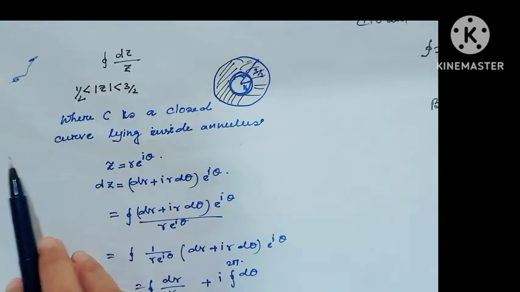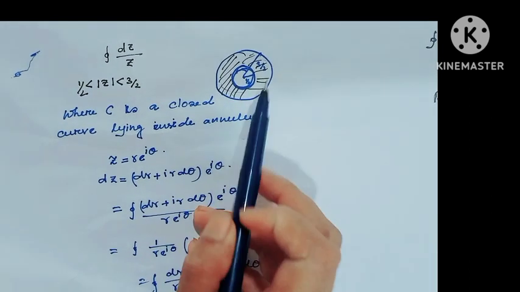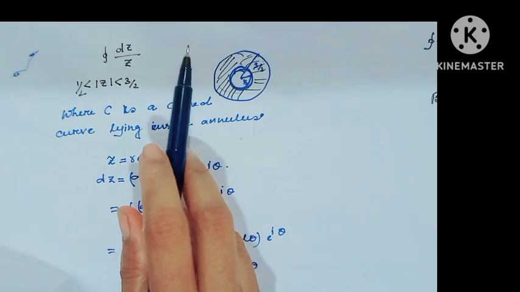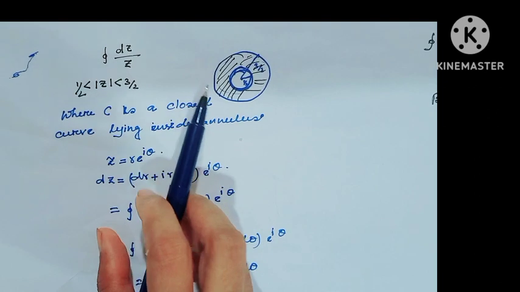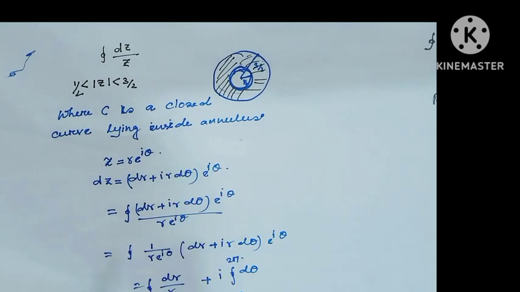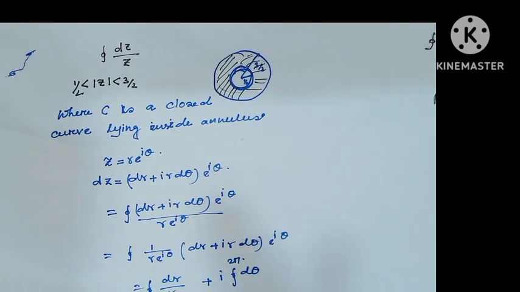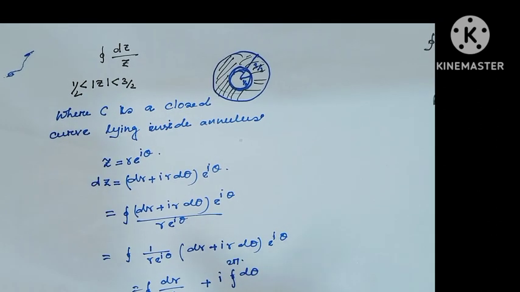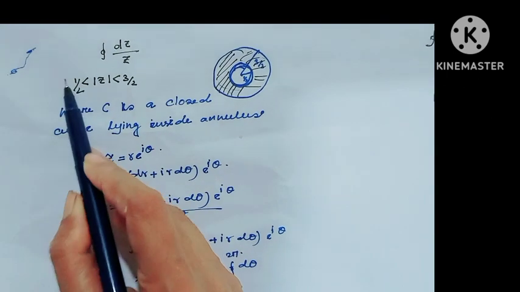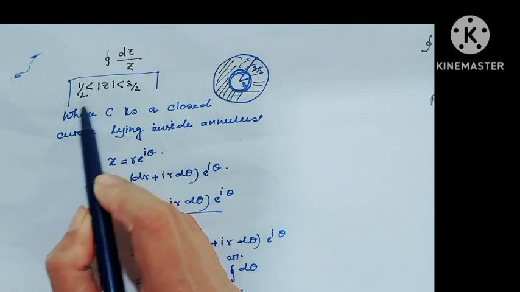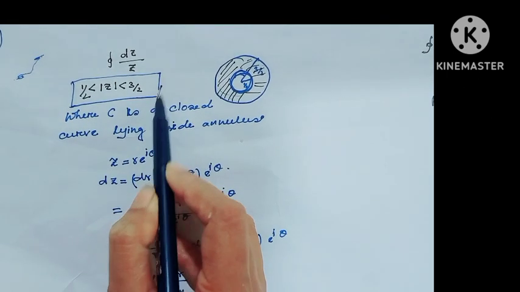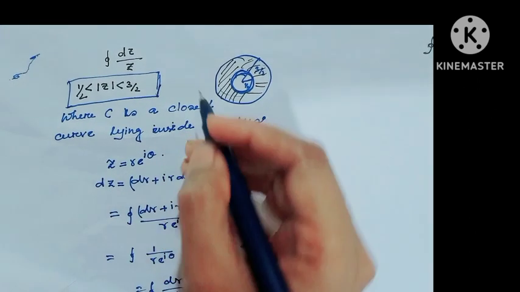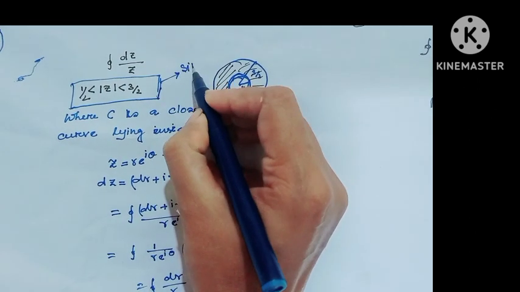Notice inside this closed curve, the function f(z) equal to 1 over z is analytic. But here this breaks the Cauchy theorem or Cauchy-Goursat theorem, because notice here the domain is not simply connected.